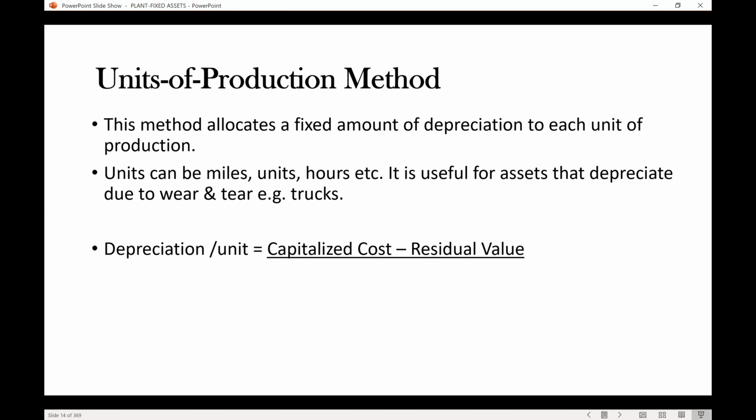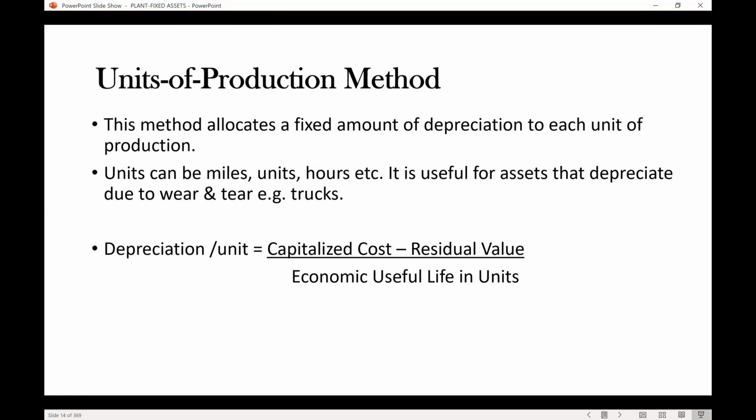So how do we find depreciation for this asset? First we have the depreciation per unit, and that is your capitalized cost minus your residual value, and this time we're dividing by the economic useful life in units. So we're asking, what's the total number of units this asset should give us for its whole life?